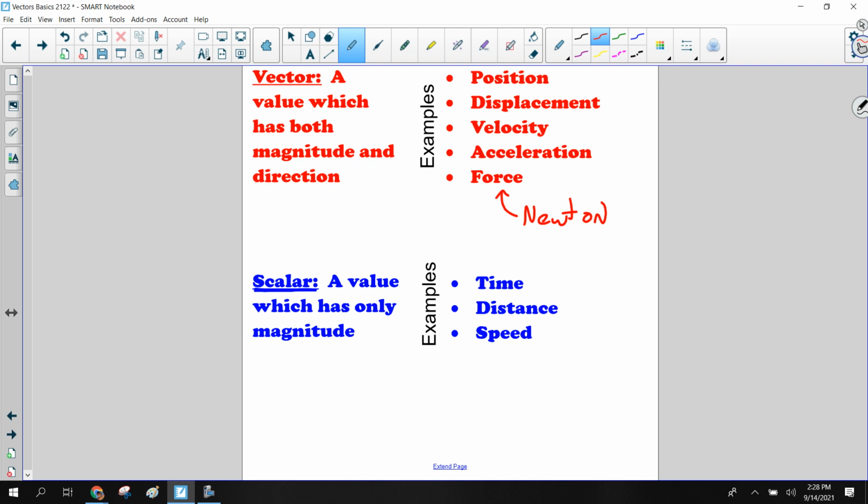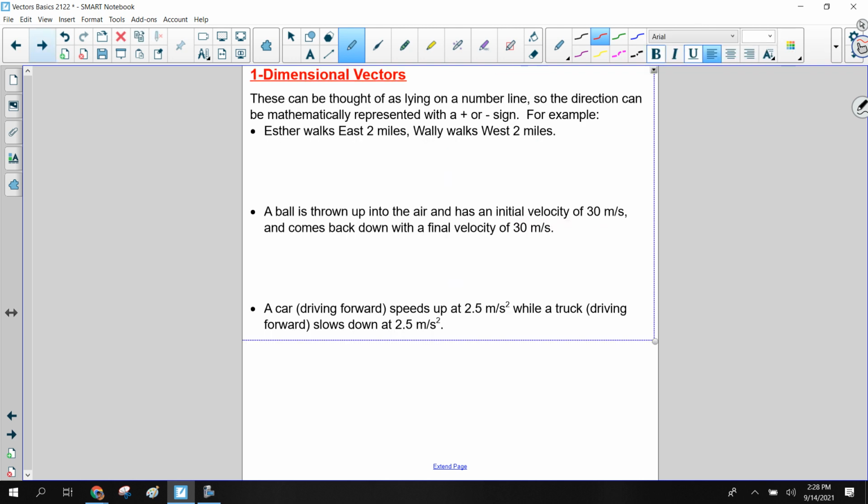All right? So up until now, all of the vectors that we've done have been one-dimensional, right? If you throw a ball up into the air, the starting velocity is 30 meters a second, and it's enough to just say positive 30 meters a second, because you know that positive 30 meters a second corresponds to it going up, right?